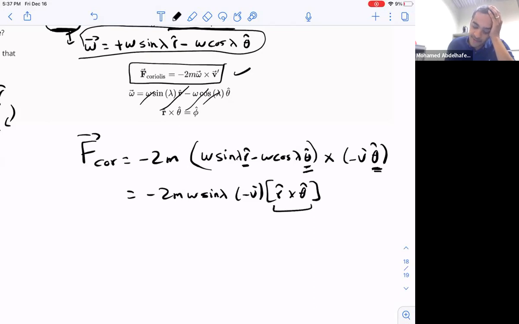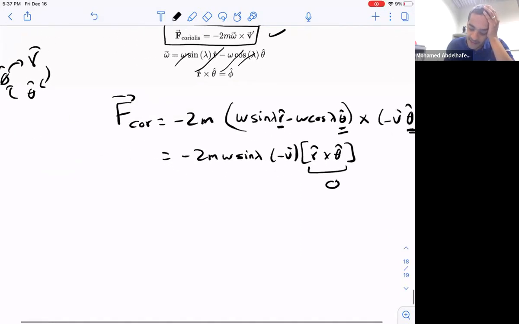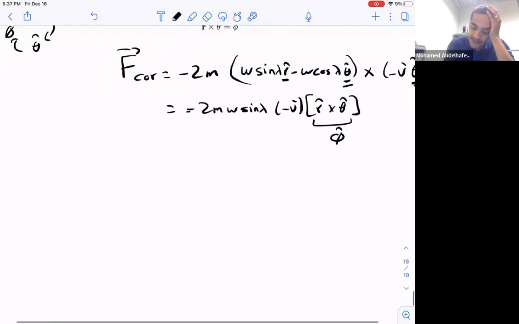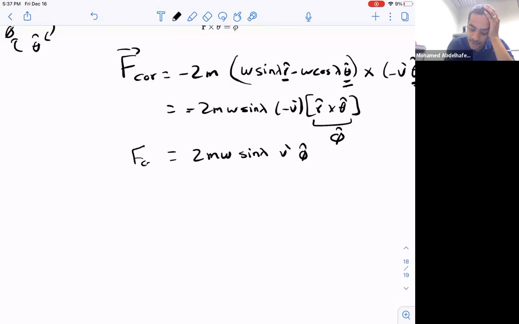And r cos theta just from our cycle is phi. That's positive. So you combine the negative here, cancel the negative there, and you get 2m omega sine lambda v prime phi hat. So that's the Coriolis force acting on you, which is east.